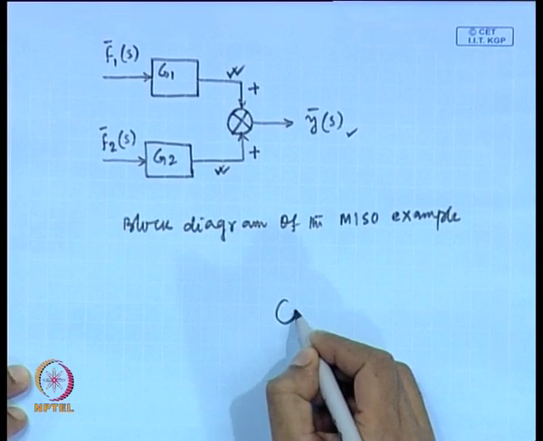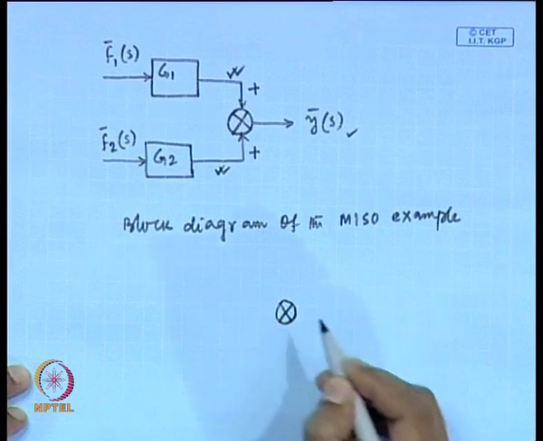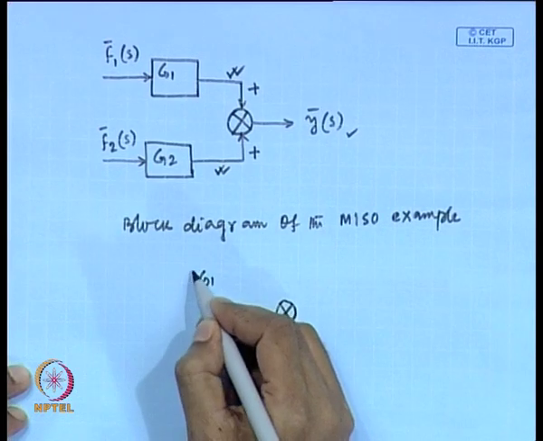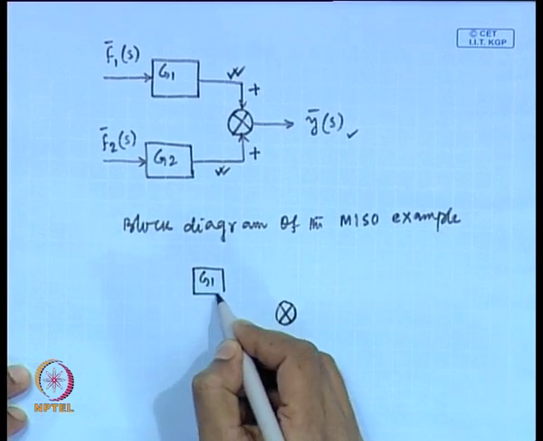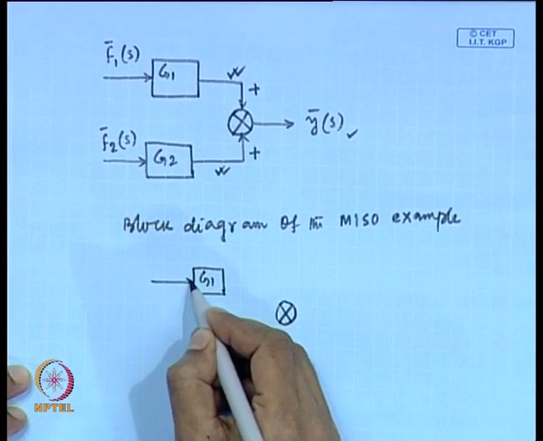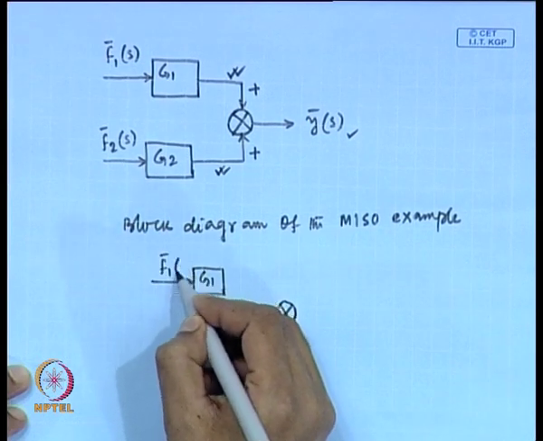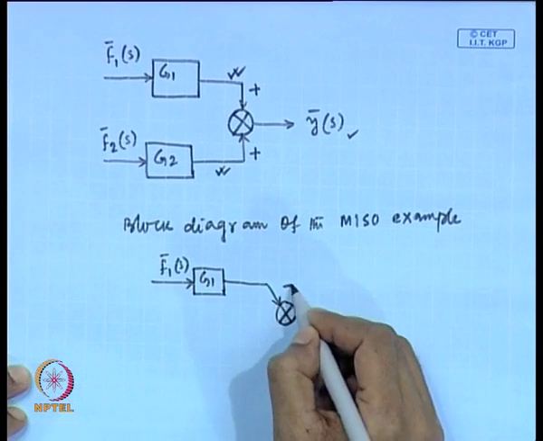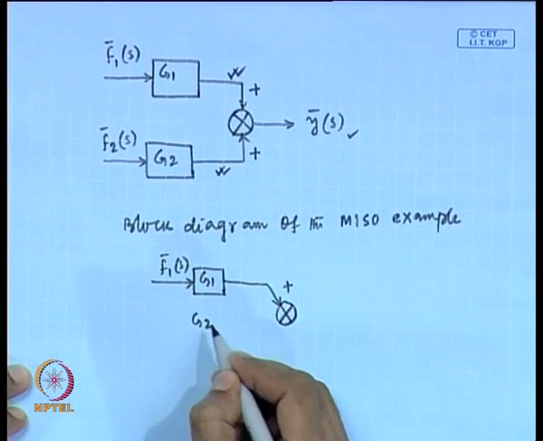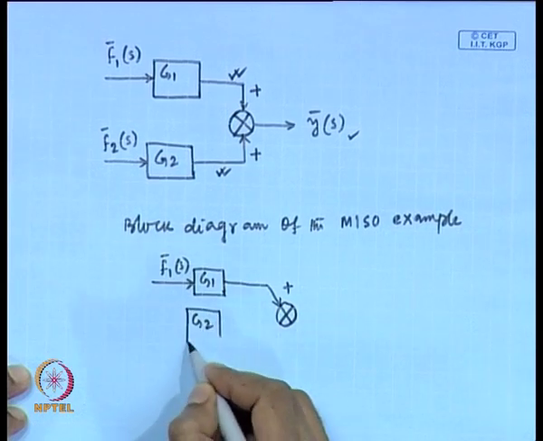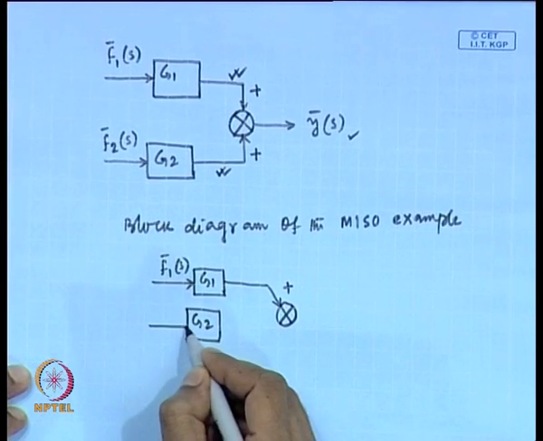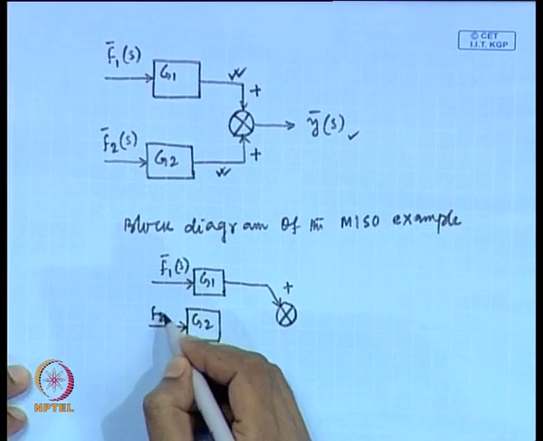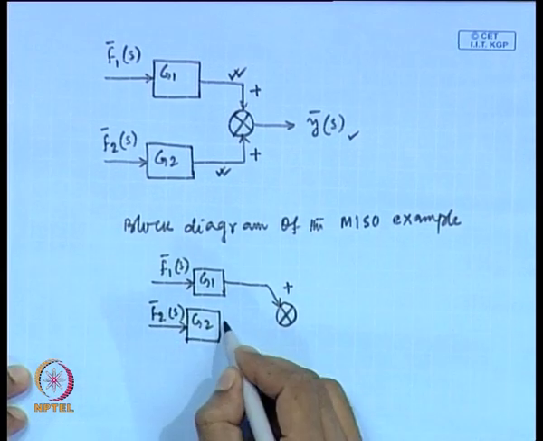So, this is G 1, input to this G 1 is f 1, next one is G 2, input to G 2 is f 2.